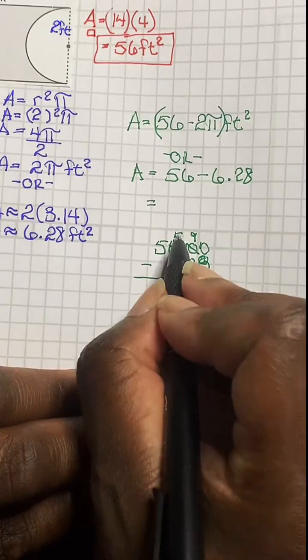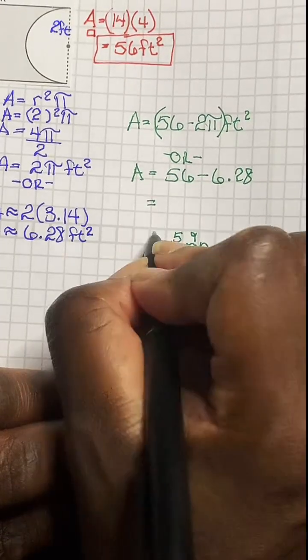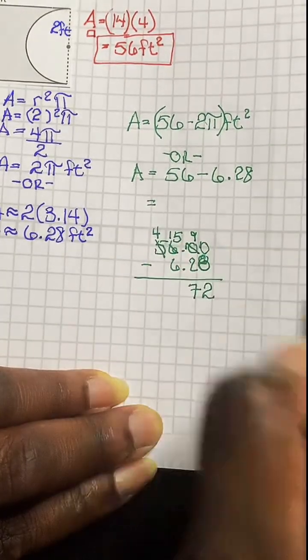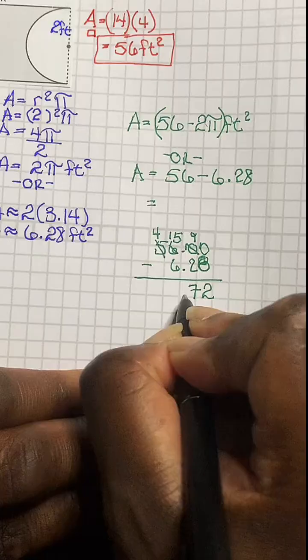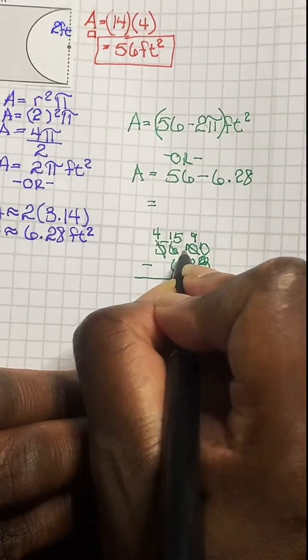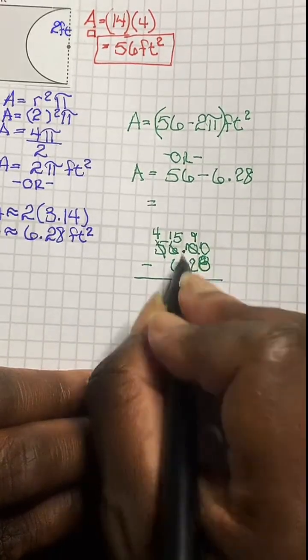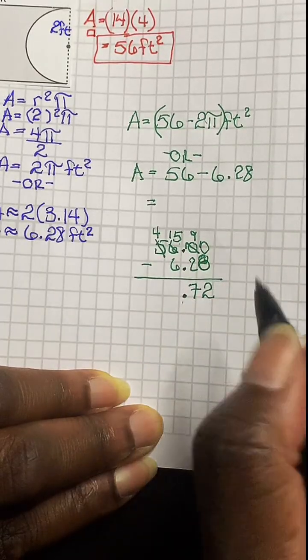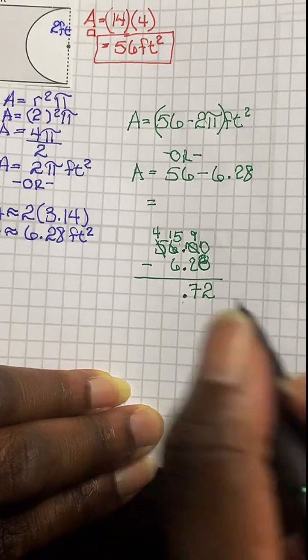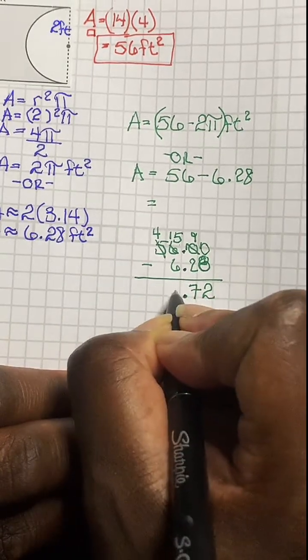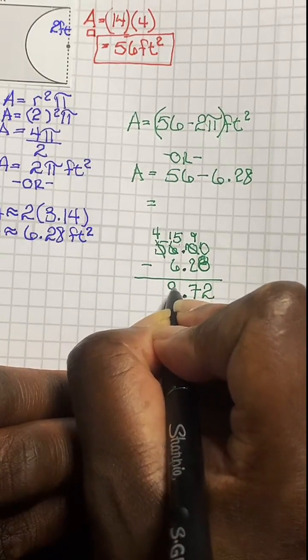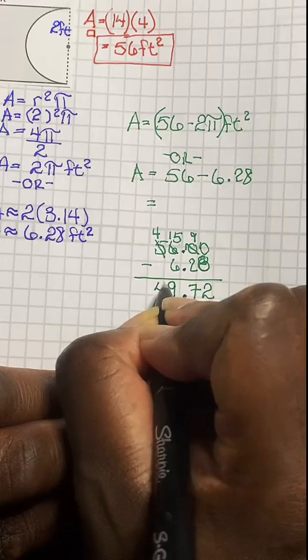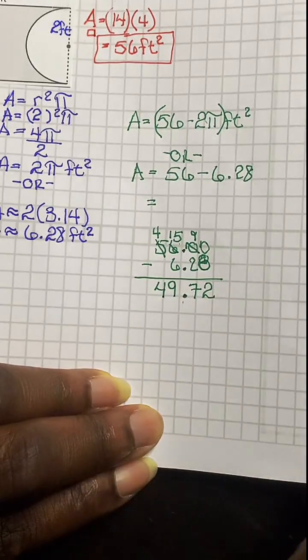Can't do anything with the 5 and the 6, so borrow from this 5, give it a 4. Bring down my decimal, because when you're subtracting, your decimals need to line up. Adding and subtracting, you line up the decimals. Multiplying, you find out how many spaces you need. Then 15 minus 6, got my 9, and then I got my 4.